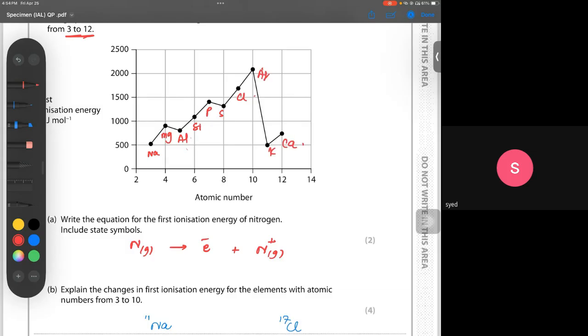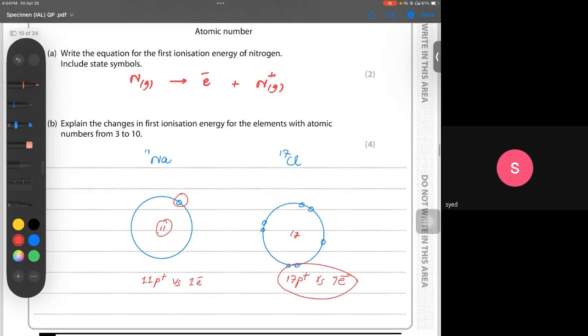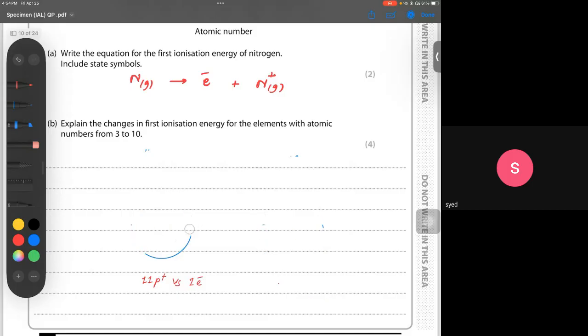The proton number for magnesium is 12 and for aluminium is 13. Across the period ionization energy should increase, but what's wrong here? Why is the ionization energy of aluminium lower than that of magnesium?